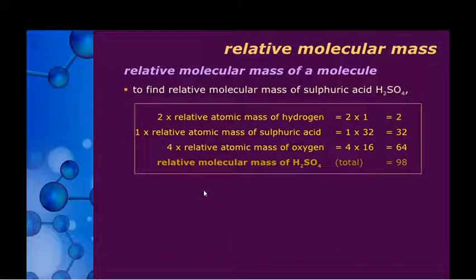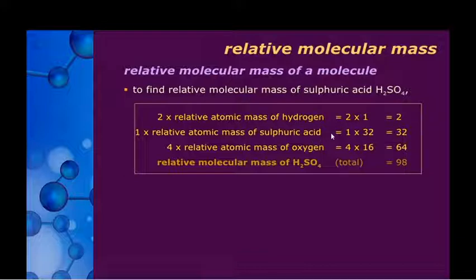So make a note. The next is the relative molecular mass of a molecule. We are going to find the sulfuric acid molecular mass. See, 2 into the relative atomic mass of hydrogen. I already told you the number of hydrogen atoms present here is 2, and the atomic mass of hydrogen is 1. So we got 2. Like that, here we have sulfur, 1.